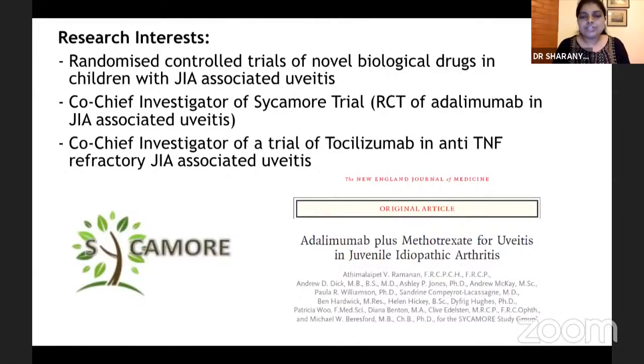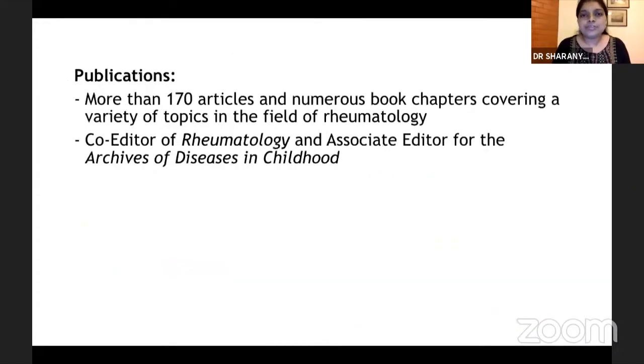He plays a key role in landmark randomized controlled trials of novel biological drugs, the most important being the Sycamore trial with adalimumab, and also a trial of tocilizumab in anti-TNF refractory JIA-associated uveitis. Professor Ramanan has more than 170 articles published and numerous book chapters to his credit.